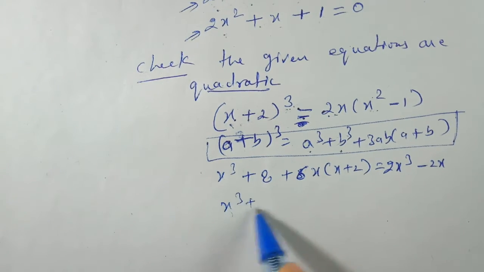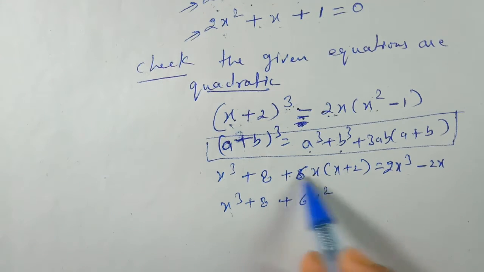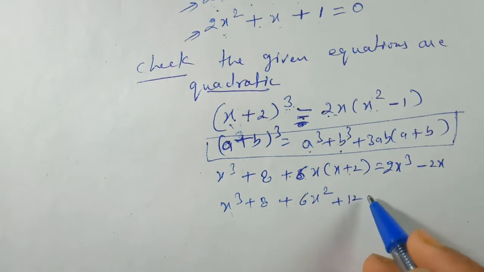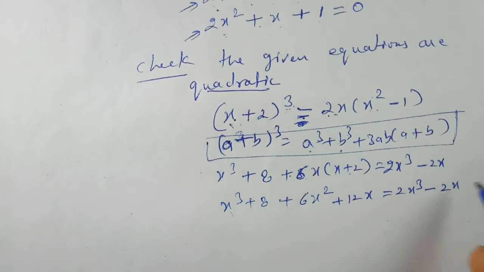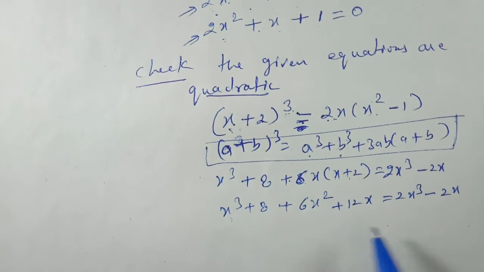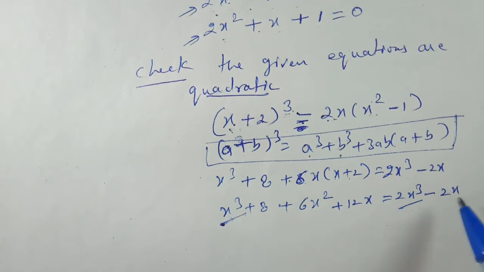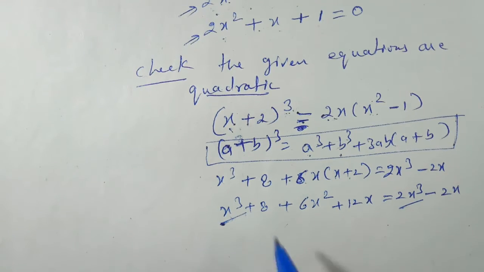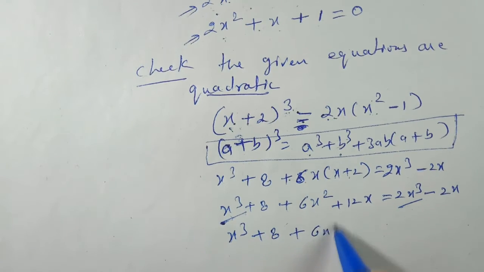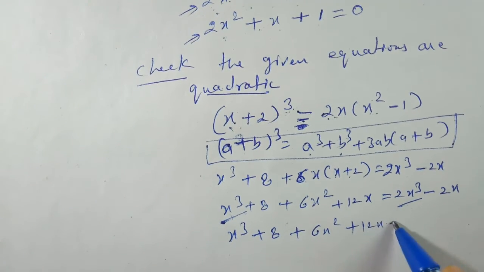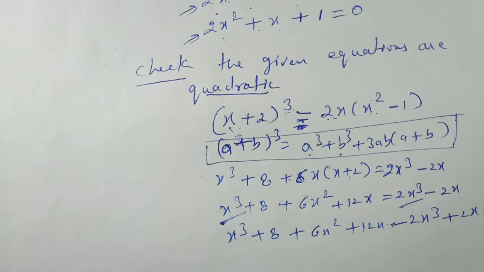So x cube plus 8 plus, multiplying these two, 6x square plus 12x equal to 2x cube minus 2x. What we are observing is that we have x cube on both sides. We transpose and take all the terms on the left hand side. So it will be x cube plus 8 plus 6x square plus 12x minus 2x cube plus 2x equal to 0.